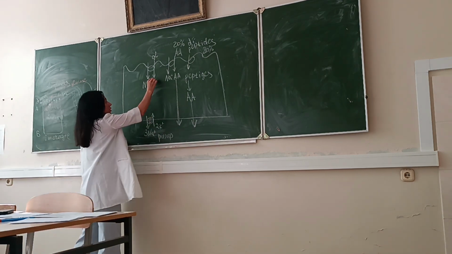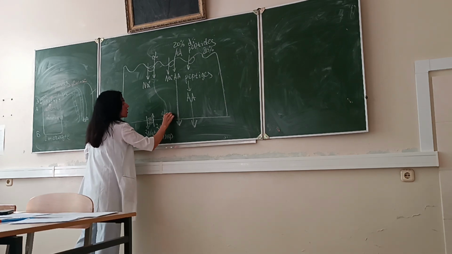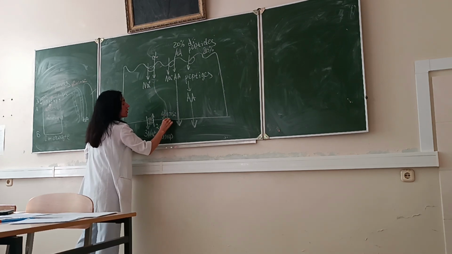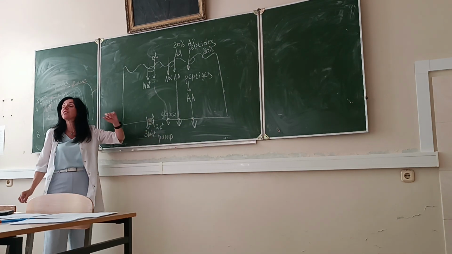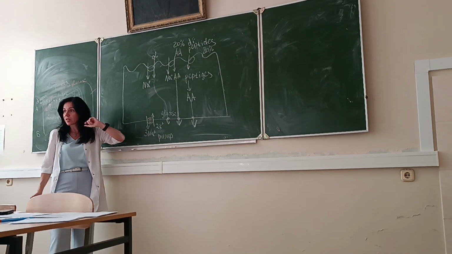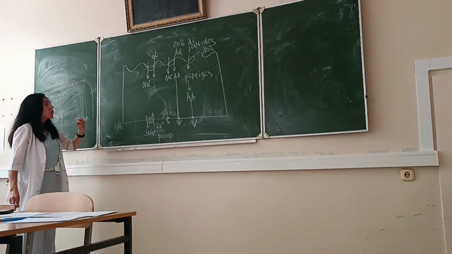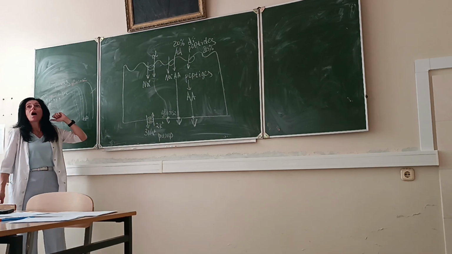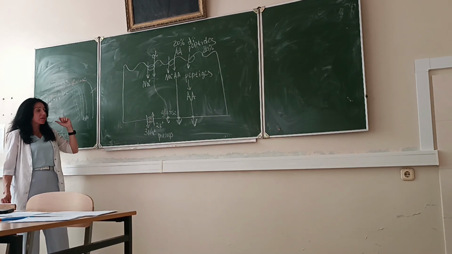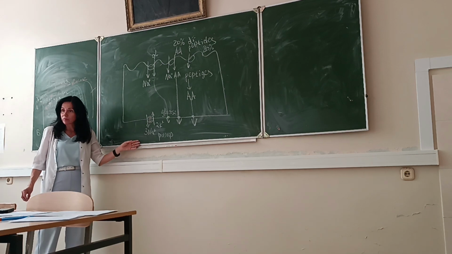Glucose also goes out with another transporter, by facilitated diffusion. That's passive transport with a special carrier. So absorption of glucose, amino acids, and peptides requires pump work.